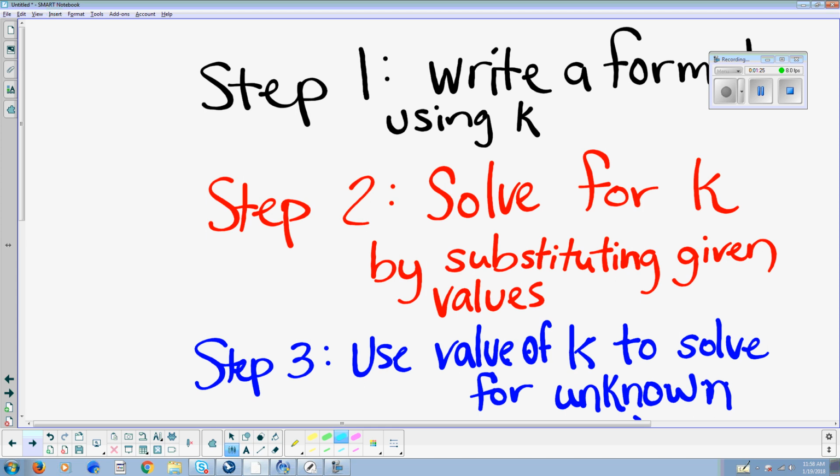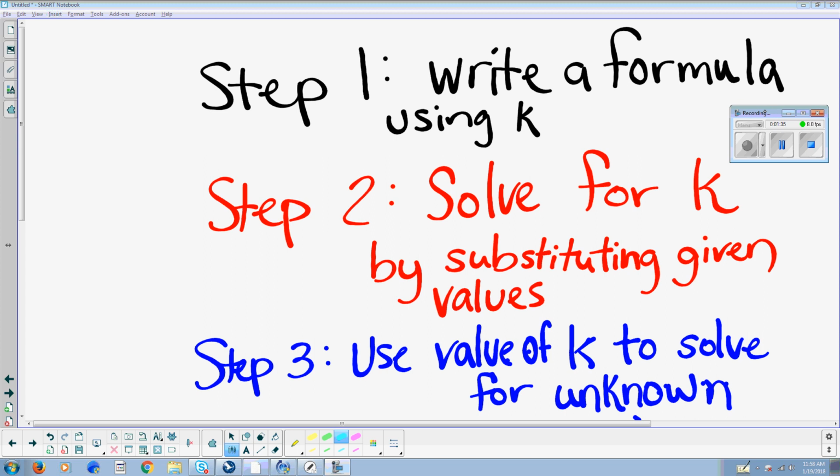There's also going to be 3 steps that we're going to follow as we solve the problems. You're going to see a reading problem, and these are going to be the 3 steps that are going to allow us to make it through the problem. Step 1, you're going to write a formula using the constant of variation k.